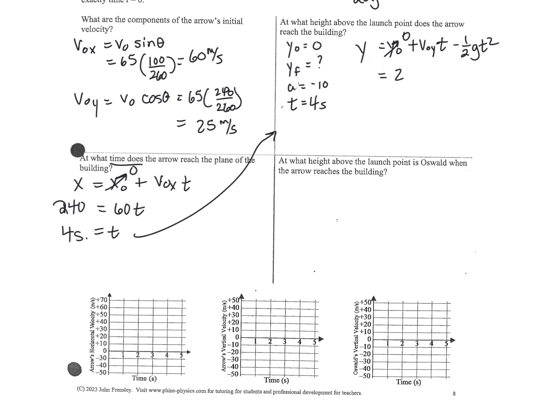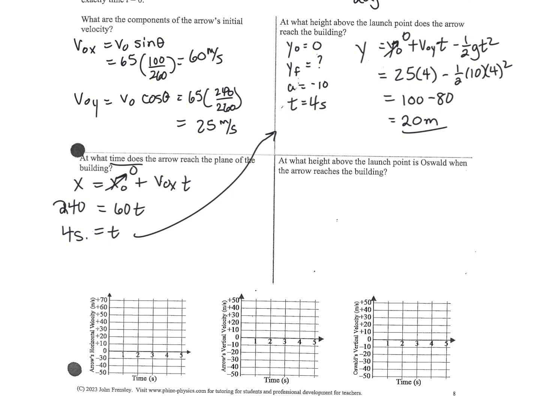V initial is 25 times time, which is 4, minus half of 10 times 4 squared. So this ends up being 100 minus 80, which is 20 meters. So that's the launch point. Does it reach the building? At what height above the launch point is Oswald when the arrow reaches the building?